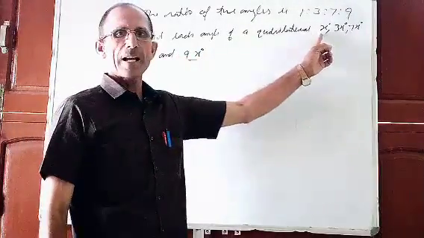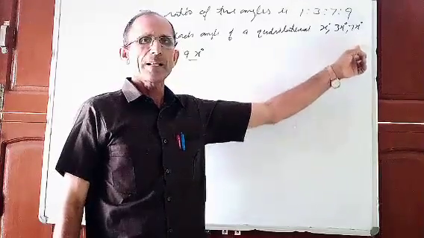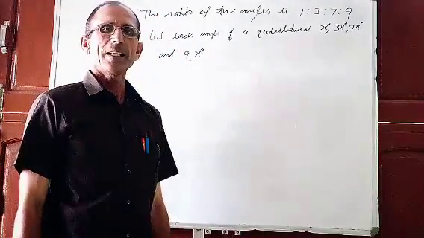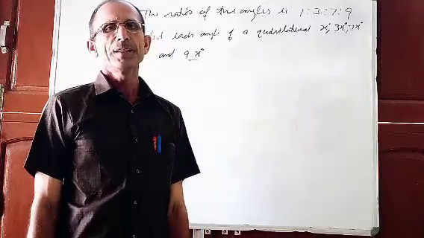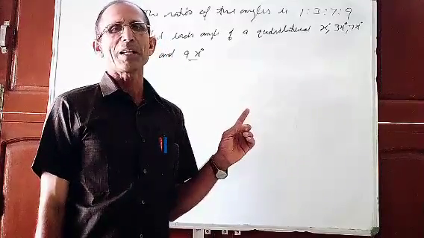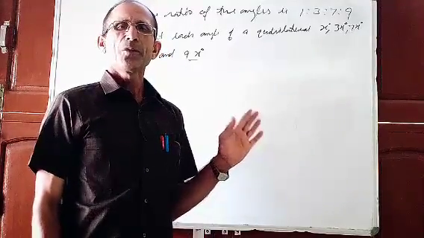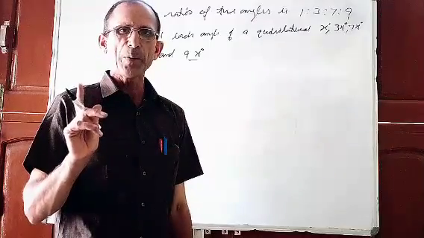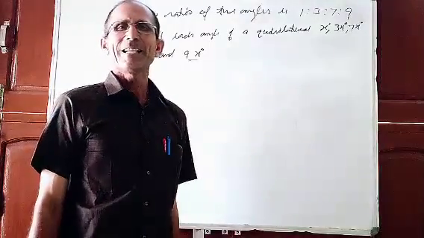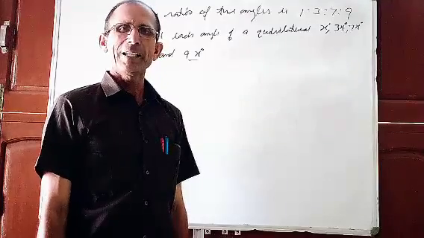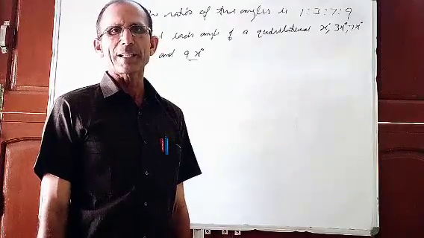So the first angle is x, the second is 3x, the third is 7x and the fourth is 9x. These are the measures of the angles of the quadrilateral, but this is not a fixed value. x is a variable. First of all, we will find the value of x. After finding the value of x, we will multiply with it. Then that will be the accurate and original value of each angle.